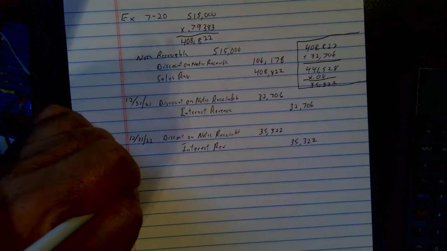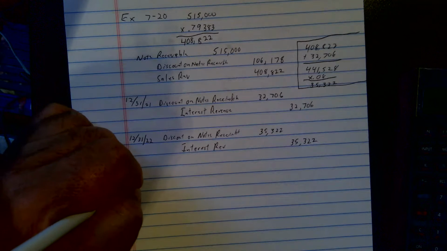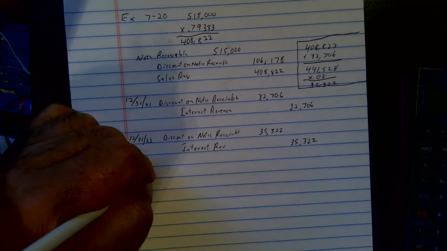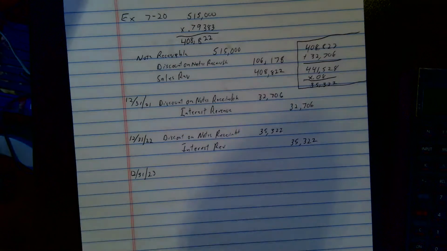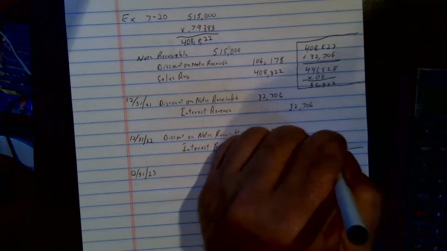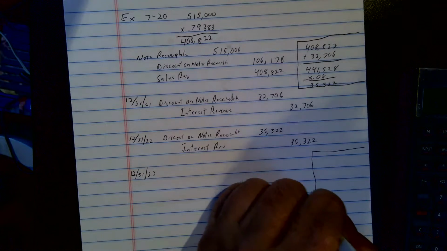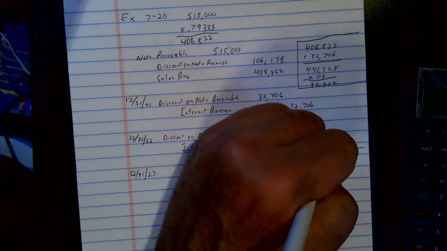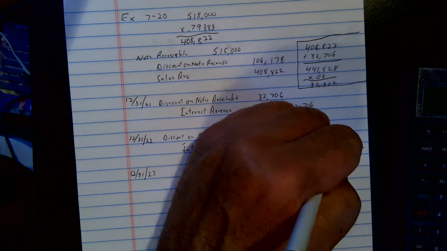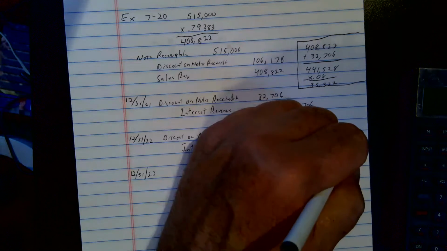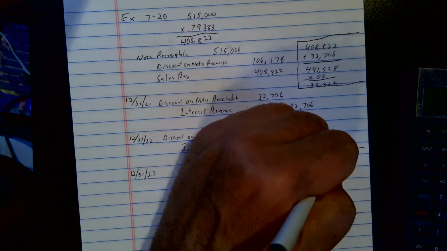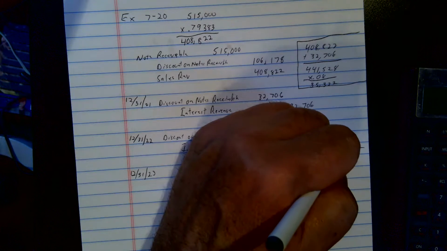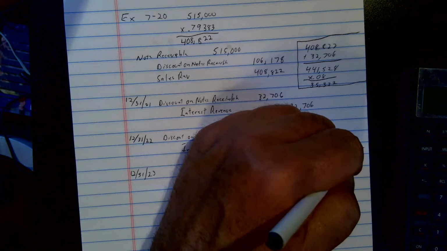All right, now finally on December 31st of 2023, we're going to get paid. So on 12/31/23, I'm going to take the second year's carrying value, 441,528. I'm going to add the discount that we wrote off, 35,322.